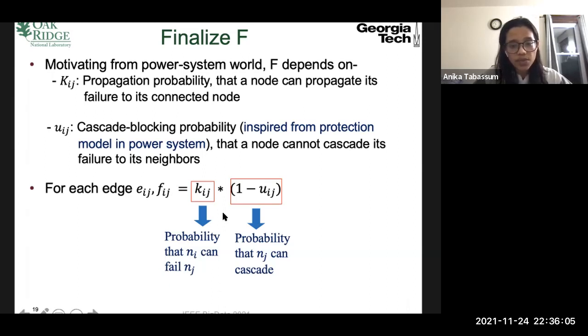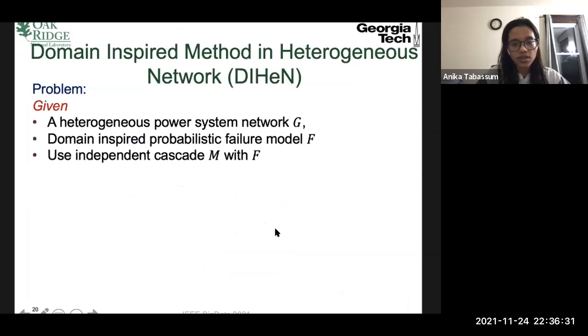Propagation probability is the probability that a node edge can fail by propagation, and cascade blocking is the probability that the node eventually cannot cascade. So our propagation probability, or failure model, depends on whether the node can propagate its failure to the child, and eventually the child can also cascade.